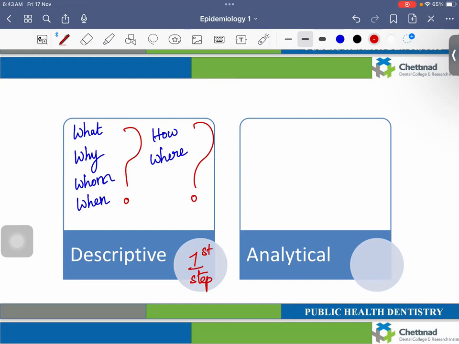Next comes analytical epidemiology. In analytical epidemiology, we try to draw some meaningful conclusions, or some meaningful inferences about the disease. We try to infer something more than what we just did in descriptive epidemiology. For example, we try to infer about the gender specificity of the disease, the age specificity of the occurrence of the disease, the mortality or the morbidity, the location specificity, and whether it is attributed to any socio-demographic factors.